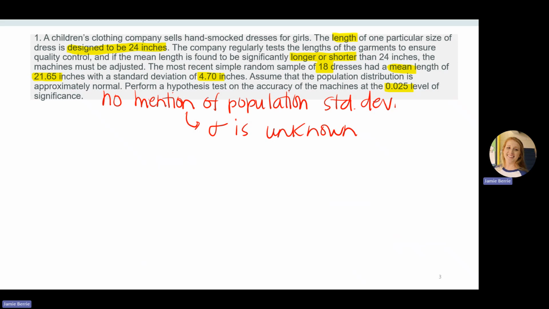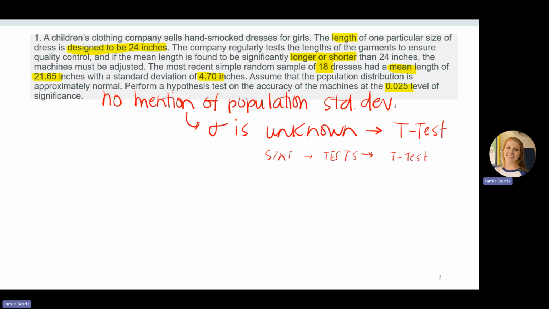One of the assumptions of the z-test is that sigma is known. So if we don't meet the criteria for a z-test, then we have to do what's called a t-test. You're going to get there with the same steps. We're going to go to stat, go over to test, and then I believe it'll be option 2, but we'll see in just a minute. You're going to select t-test.